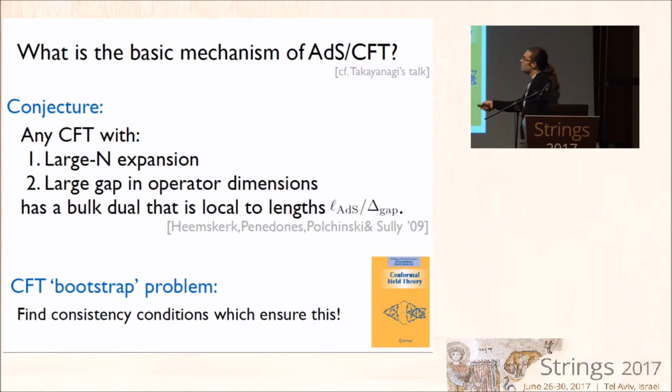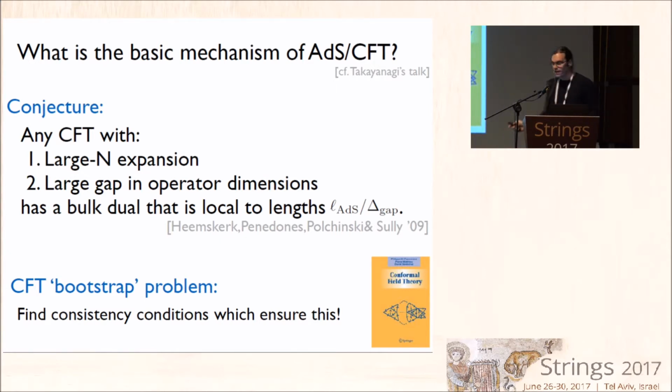So then it becomes a mathematical problem in CFTs to try to identify what exactly are the consistency conditions which ensure that you get AdS, and how do we exploit this. And of course, the first thing you do is you look at all the classic texts in conformal field theory, and you see where's the formula that we need. Well, the formula is a bit hard to find, and that's why it's a conjecture.